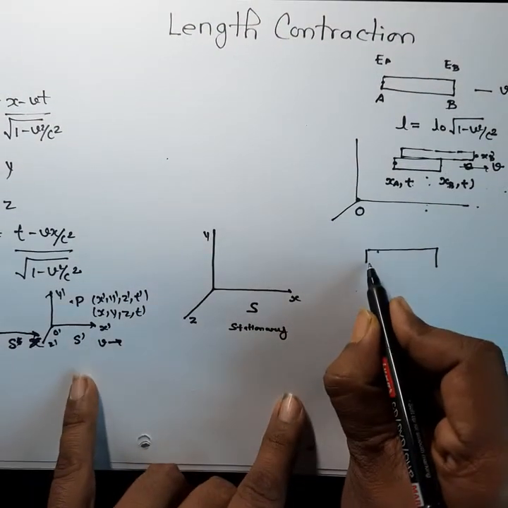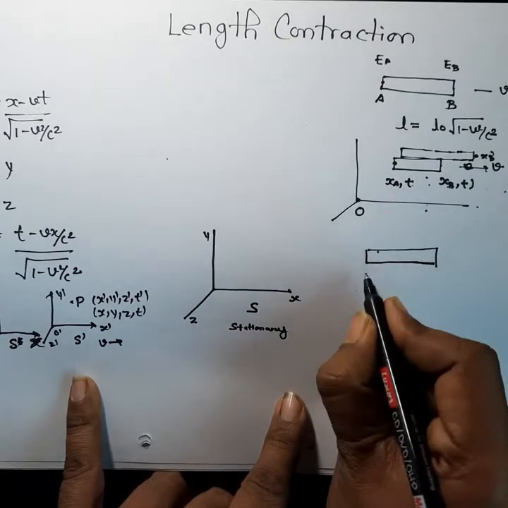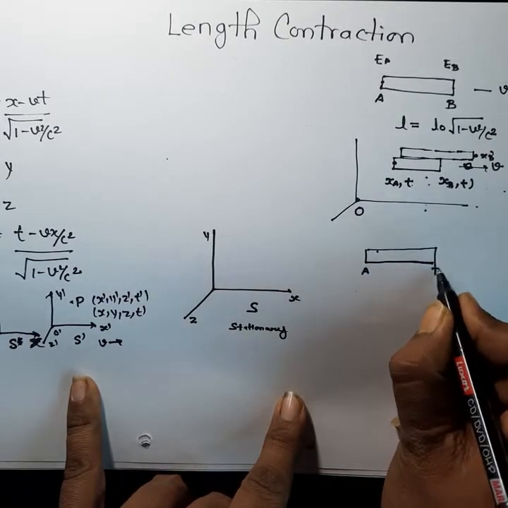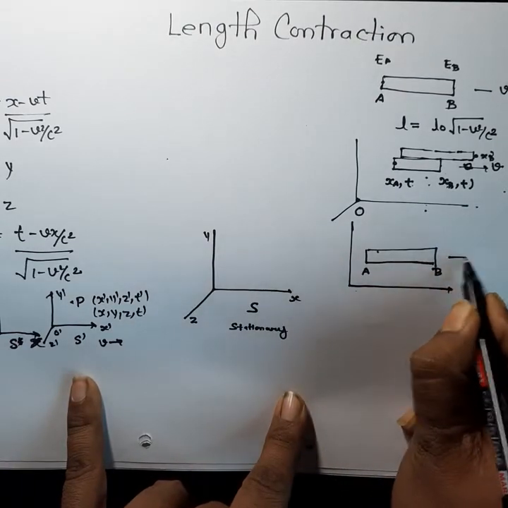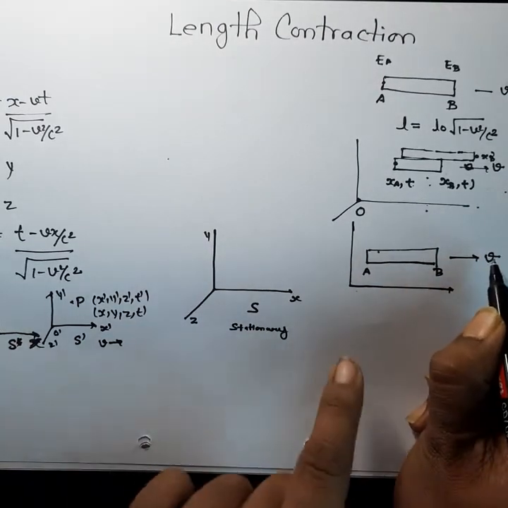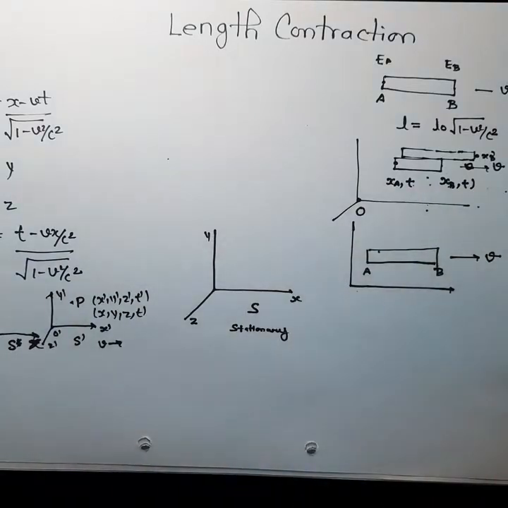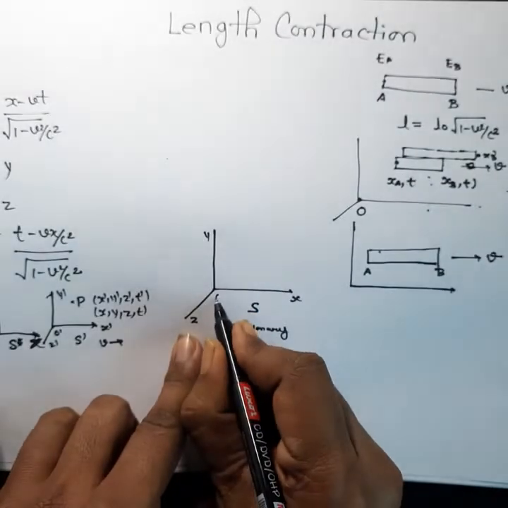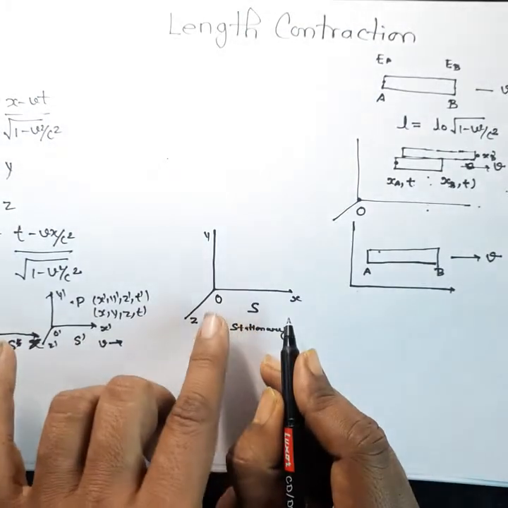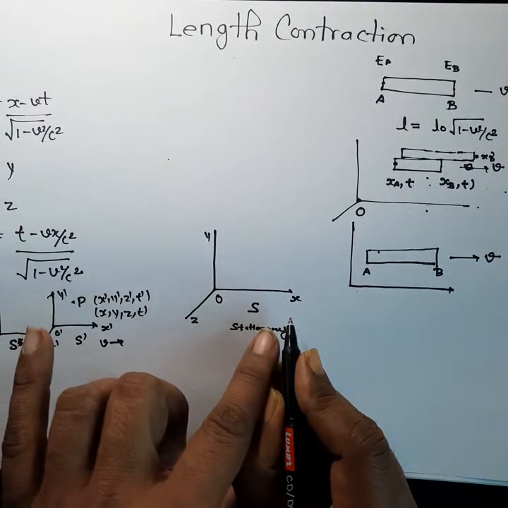So if there is some rod, you may assume the rod is AB, and this rod is moving with velocity v. This velocity is with respect to the observer O, which is at the origin of S frame of reference.